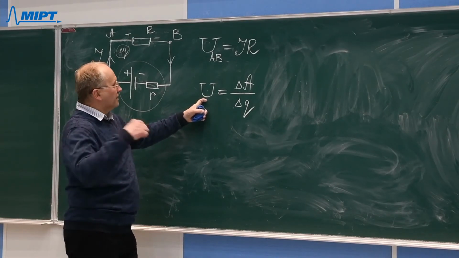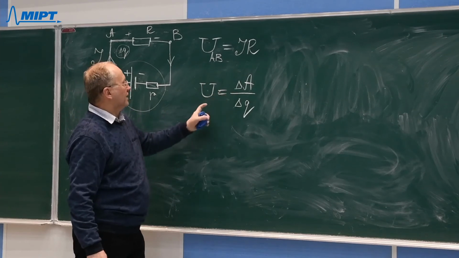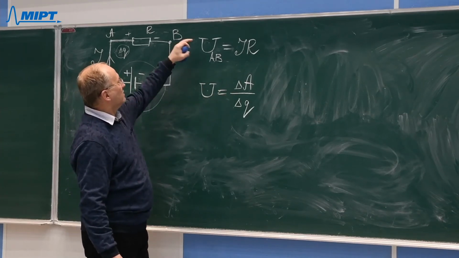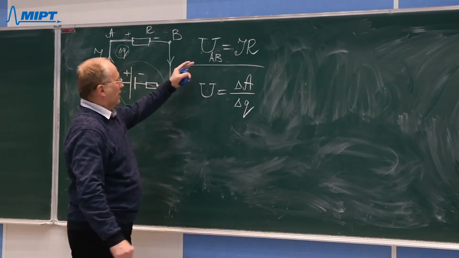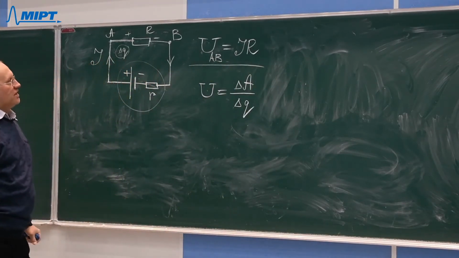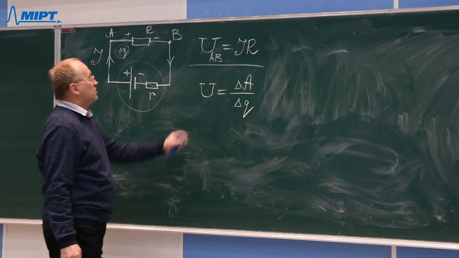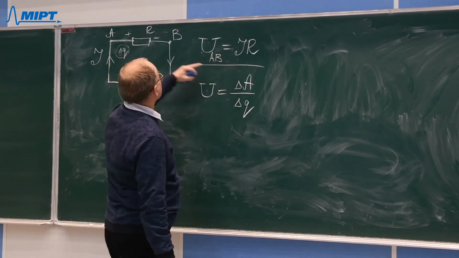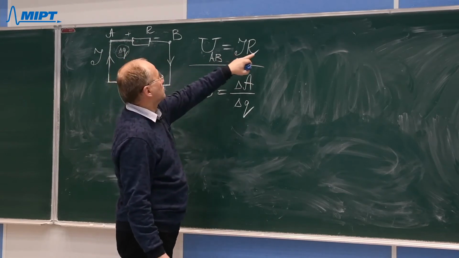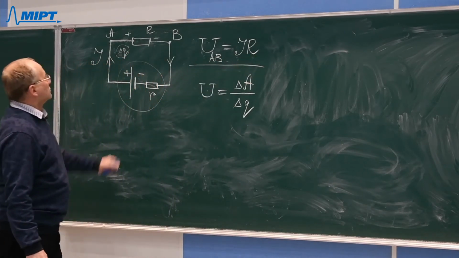And as we have defined this potential difference in this way, we may obtain the physics law, which is Ohm's law, which was originally obtained experimentally. It was experimentally discovered that the potential difference is proportional to the electric current flowing here and to the resistance of the chosen resistor.